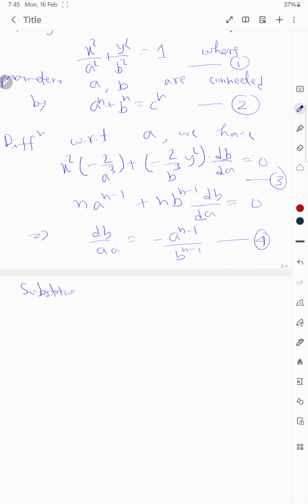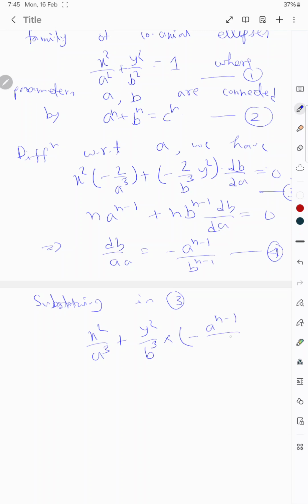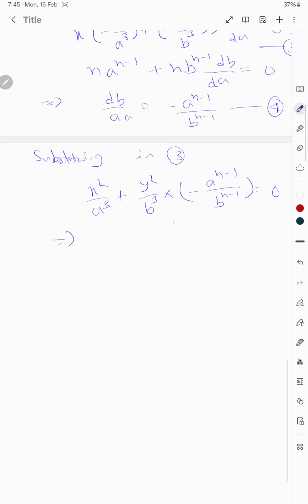Substituting in 3, minus minus you can cancel, so 2 also cancels, so x square by a cube plus y square by b cube into db da value, which is minus a to the power n minus 1 by b to the power n minus 1, equal to 0, right? So from there you have basically x square by a to the power n plus 2 equal to y square by b to the power n plus 2. All right, this is what you have.